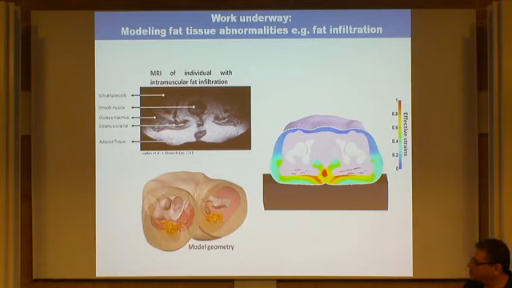And this is really important to understand the mechanical conditions to which this intramuscular fat is exposed, because this intramuscular fat contains an important component of mesenchymal stem cells. And from these mesenchymal stem cells come the muscle tissue, the bone tissue, and the fat.